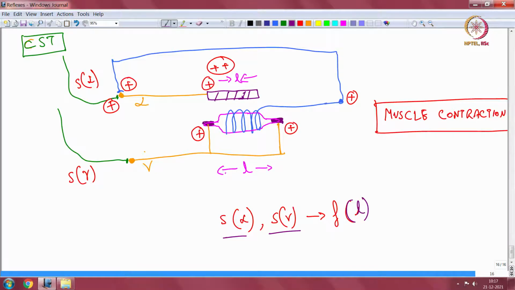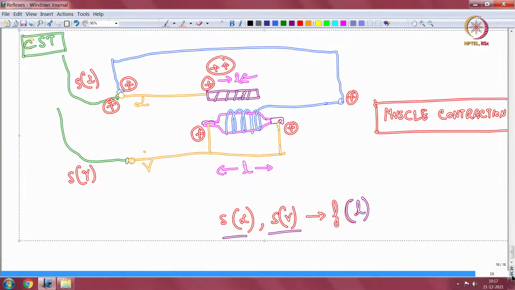So, both of these are very elegant mechanisms by which the circuit is managed. So, these are basic level. I have so far discussed only the monosynaptic reflex and how the upper centers are involved in controlling this reflex.